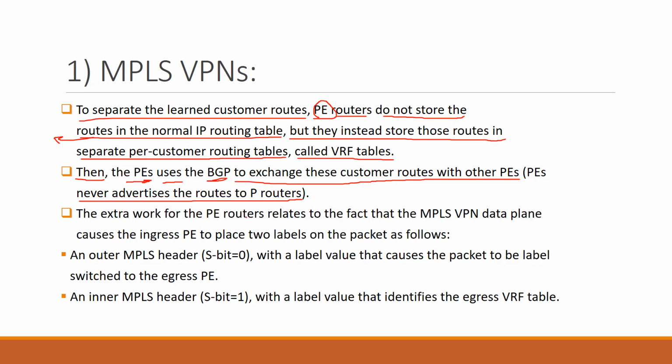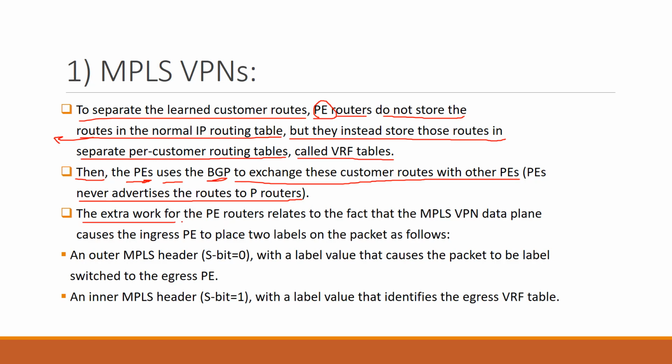So provider routers don't have any learned routes for customer routes or customer prefixes. Only provider edges use BGP to learn those routes. And we will learn in the coming slides how provider edges are going to learn those routes.